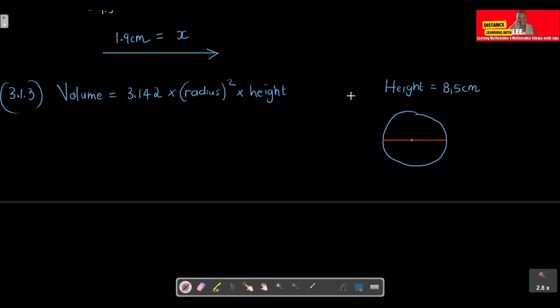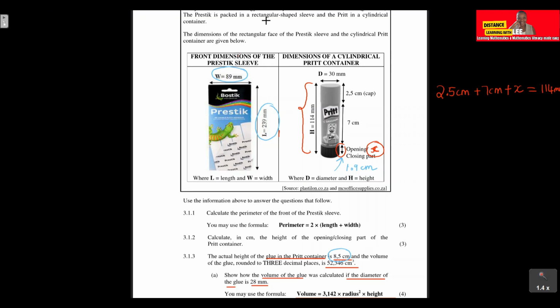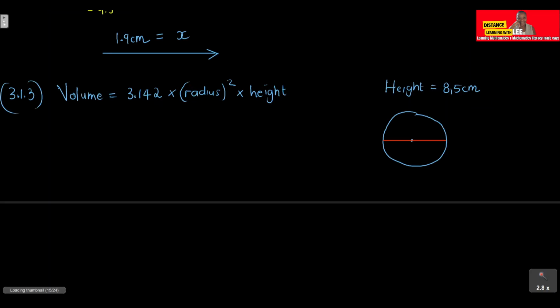So when they gave us the diameter of 28 millimeters, they're basically saying that the distance from there to there is equal to 28 millimeters.